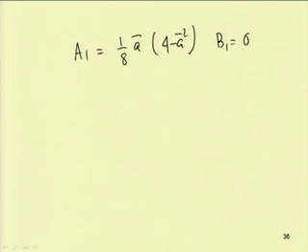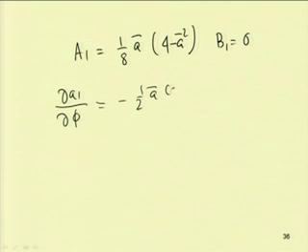So, by substituting this in this equation, one can get del a1 by del phi bar will be equal to minus half a bar cos 2 phi bar plus 1 by 8 a bar cube cos 4 phi bar.